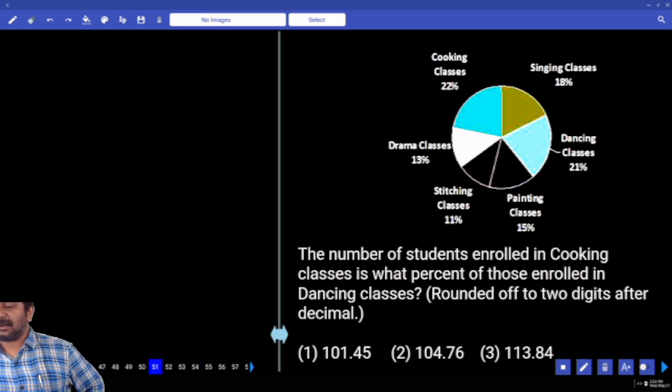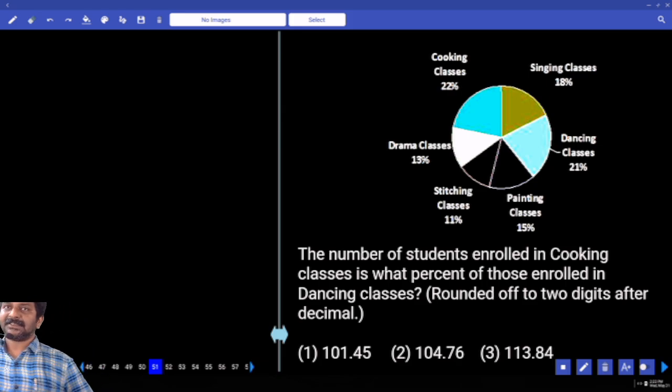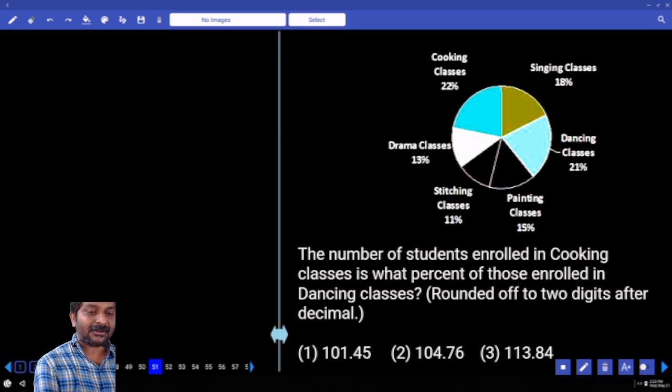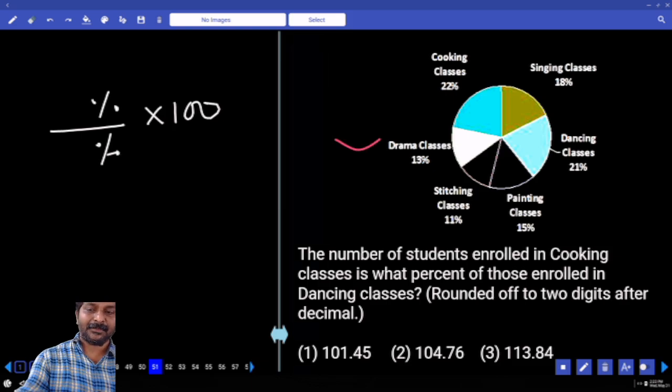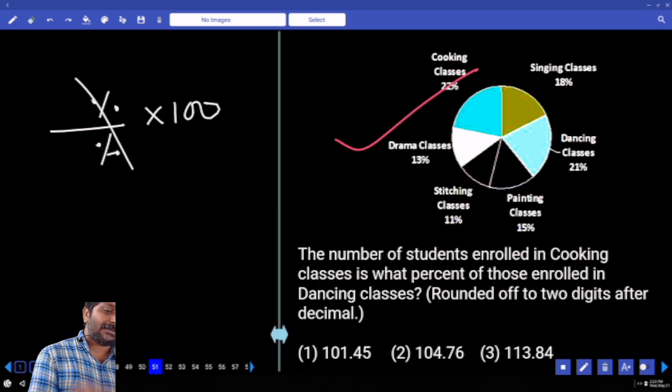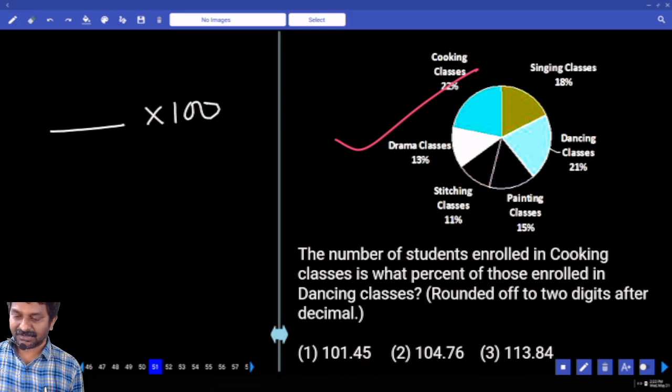Number of students enrolled in cooking classes is what percent of those enrolled in dancing classes? We don't need actual numbers because you know the answer is A by B into 100 form, correct? So even in the numerator, if you directly write percentage values taken from the pie chart, the percentage symbol gets cancelled. So you don't need to convert into actual numbers. Percentages are sufficient to answer the question, right?